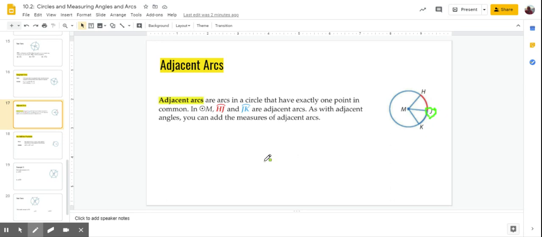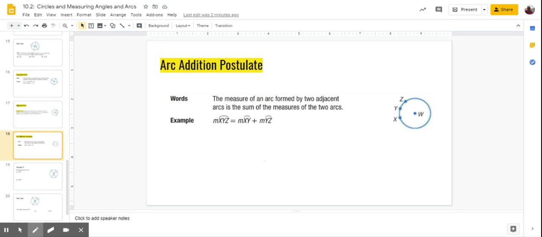All right, let's see the postulate for this. Arc addition postulate. The measure of an arc formed by two adjacent arcs is the sum of the measures of the two arcs. So what does that mean? We have the measure of arc XYZ is equal to the measure of arc XY plus arc YZ.